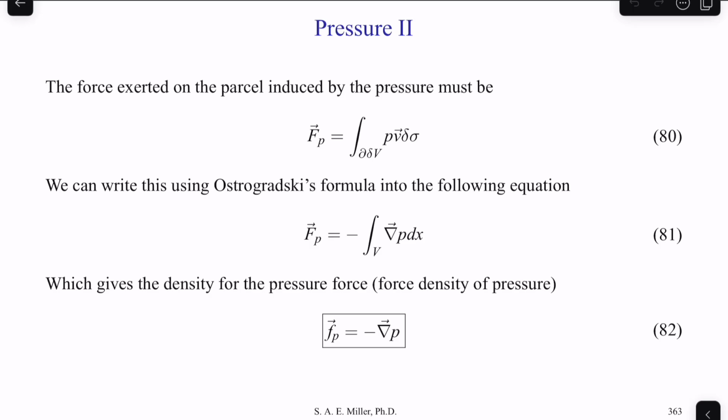F sub P will be, by definition, negative the integral over the volume of nabla P dx. Then we'll be able to write F as the negative nabla P by taking the negative inside.